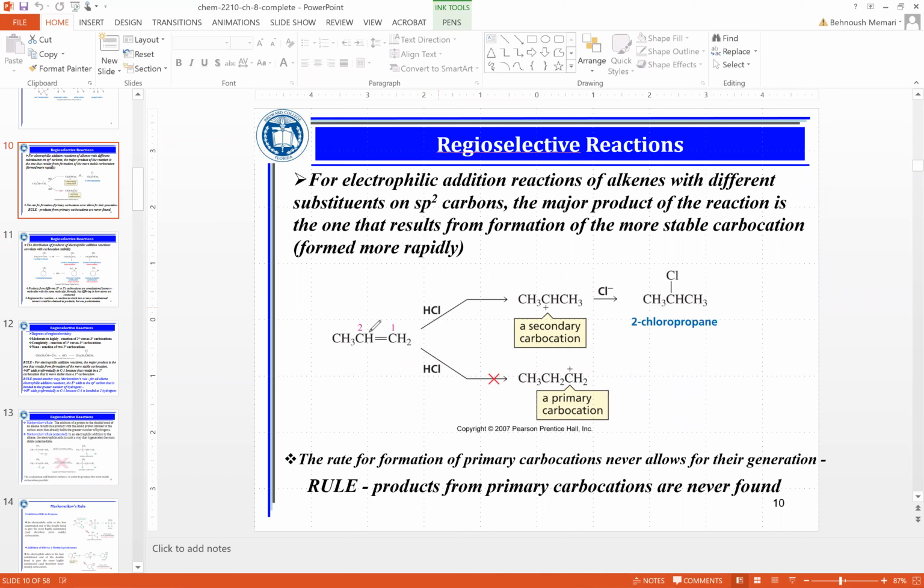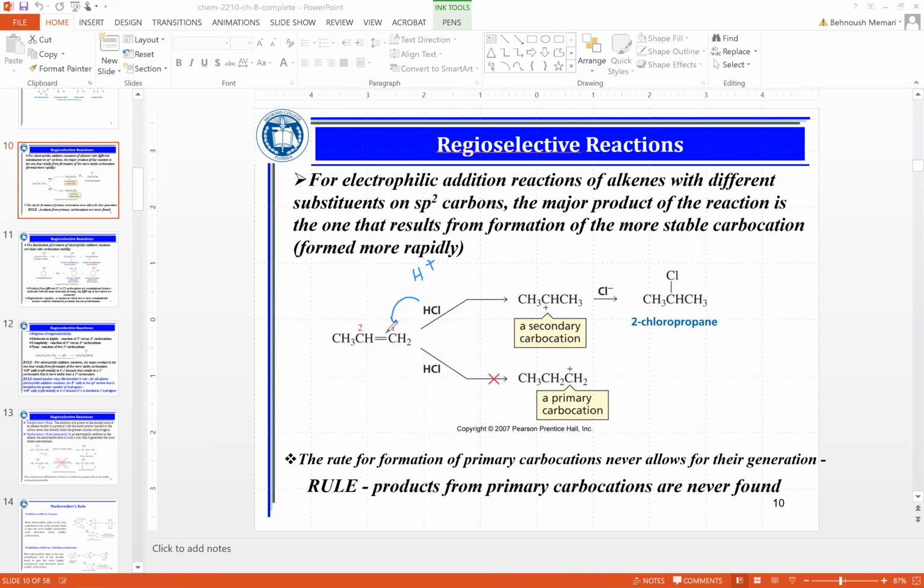The first carbon, the second carbon will take the plus charge. So just know that, because when H plus comes in, it does not bring any electrons. And in order to form that new bond between H plus and the carbon, you do need a pair of electrons.